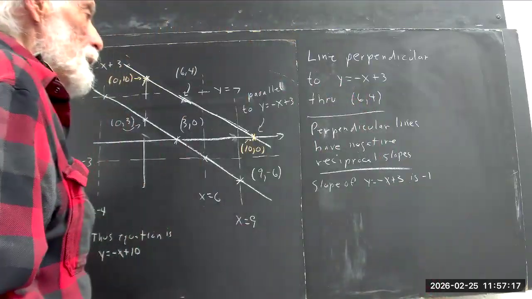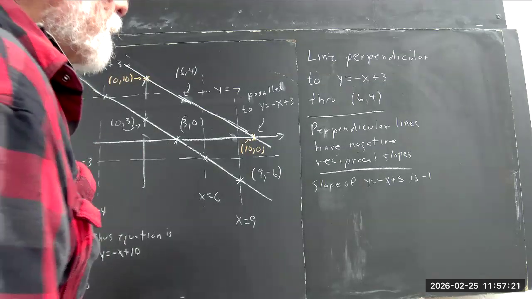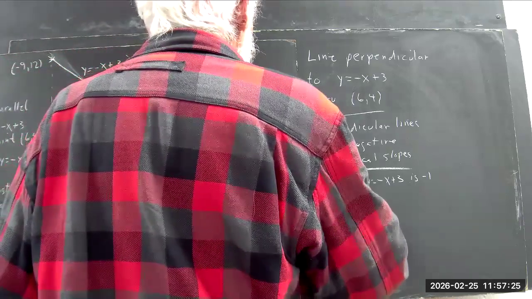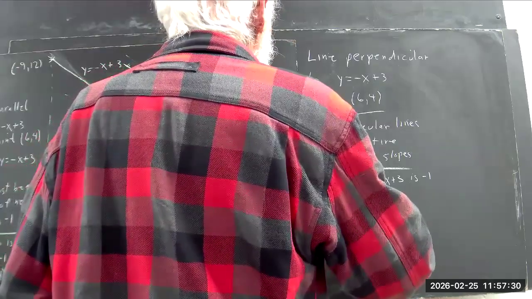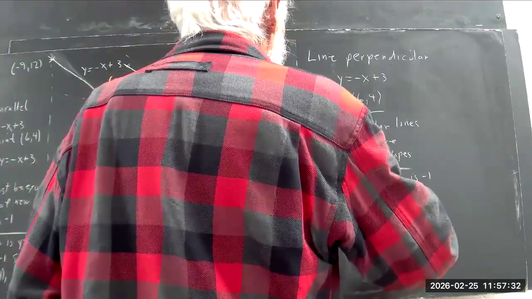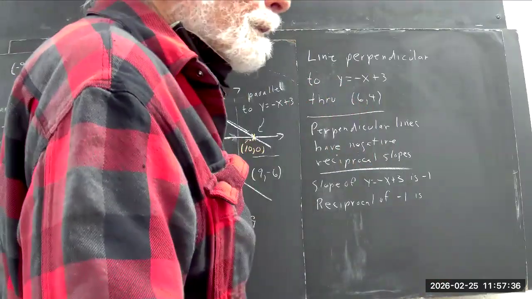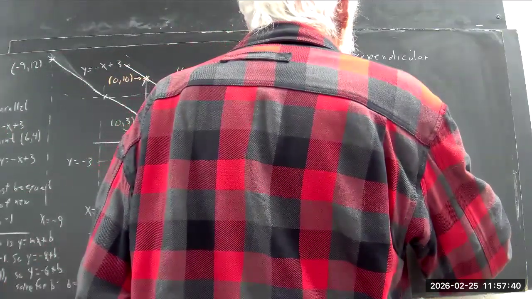The slope of the y equals negative x plus 3 line is negative 1. To do the reciprocal of a number, you divide it into 1.